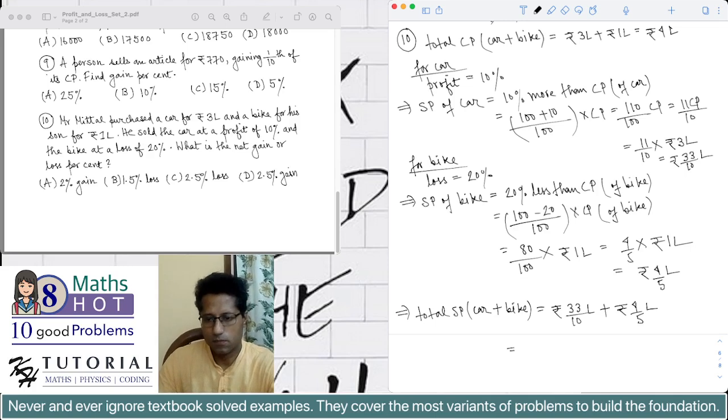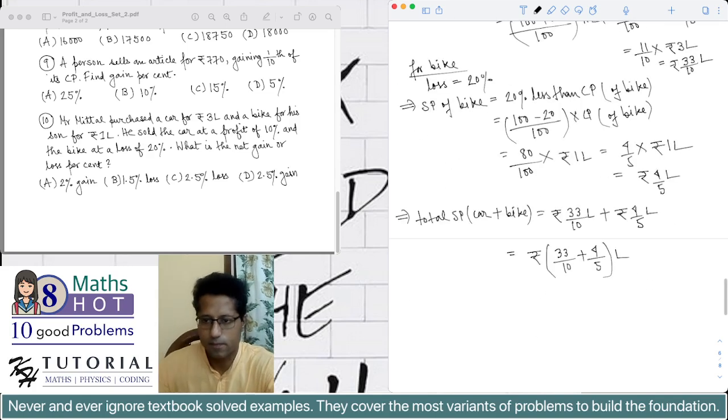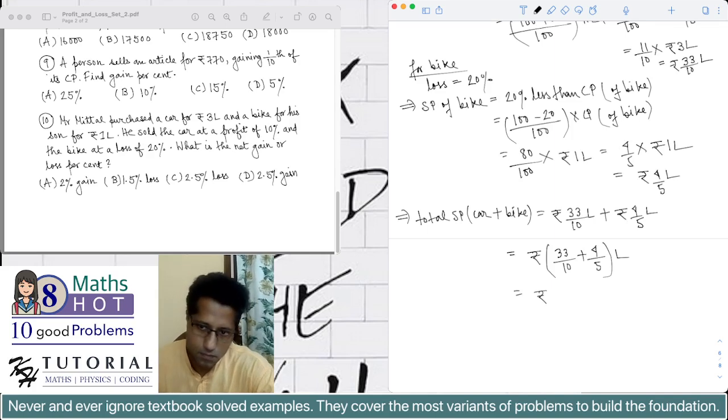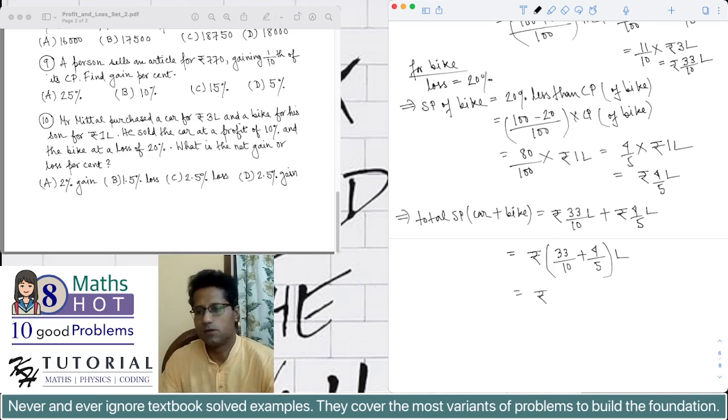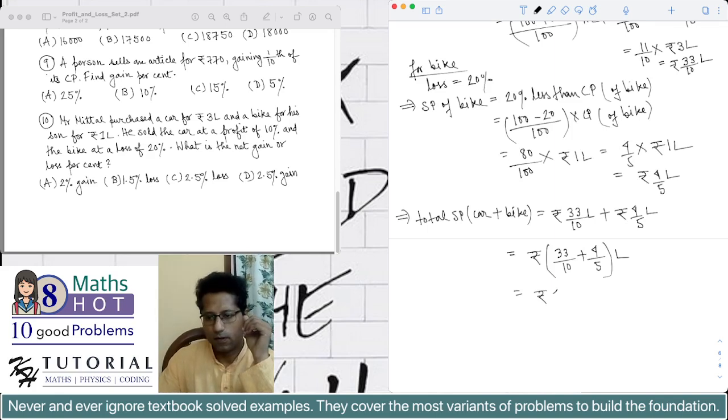This is equal to rupees 33 by 10 plus 4 by 5, this much lakh. This is equal to rupees 41 by 10 lakh.